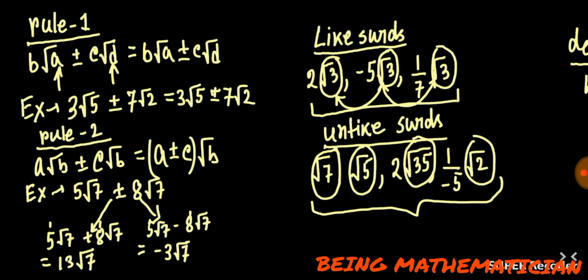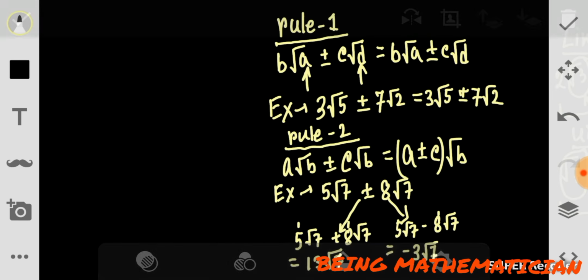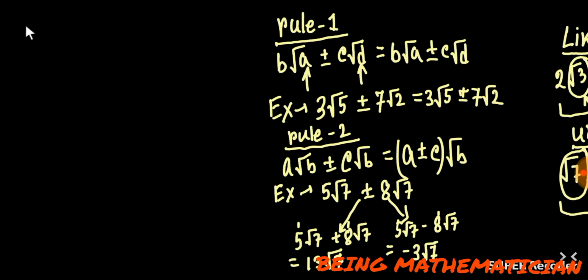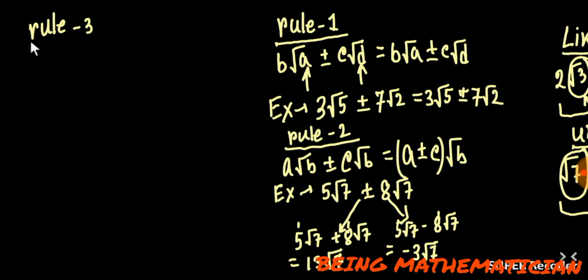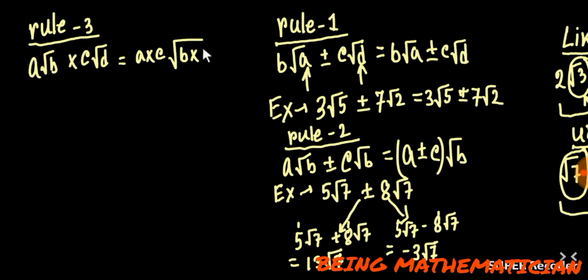Now let's see rule number 3. Rule number 3 is about multiplication of surds, that is a root b into c root d, it will be a into c, and b into d.